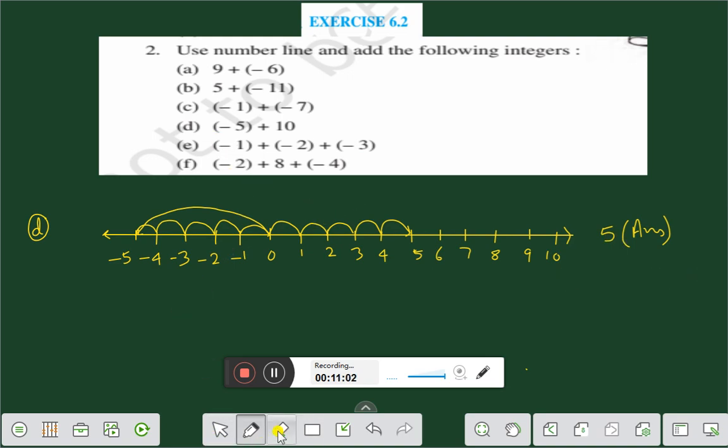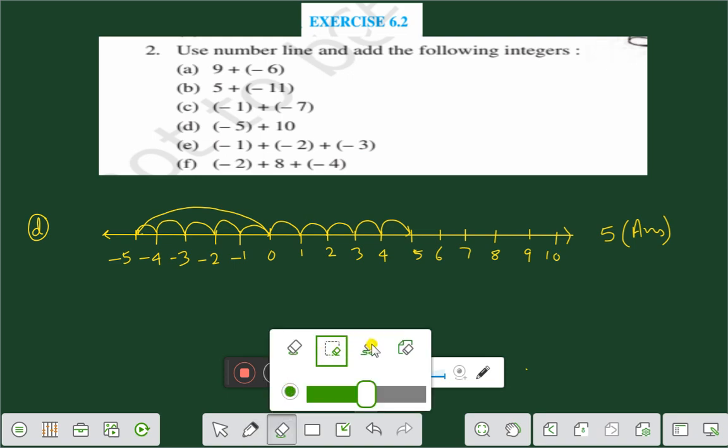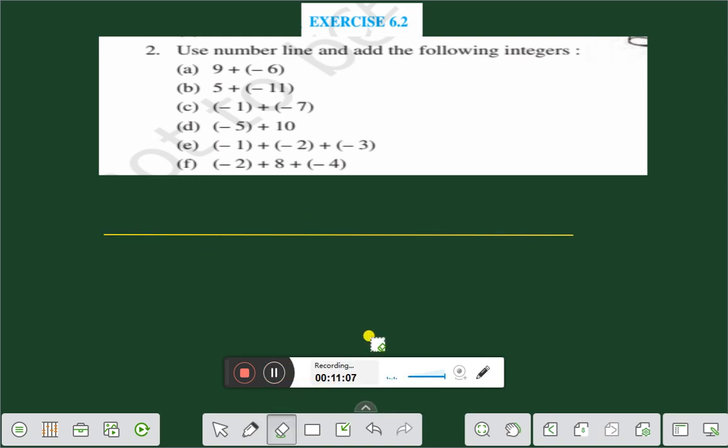Now, we'll solve question number E. We have made a number line.